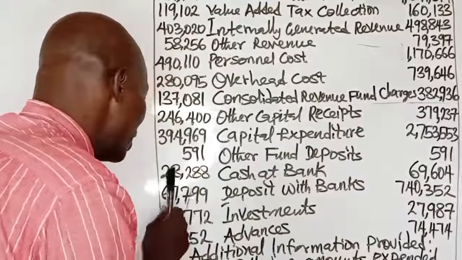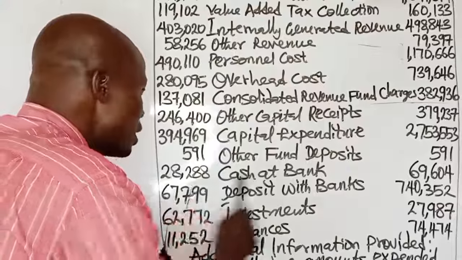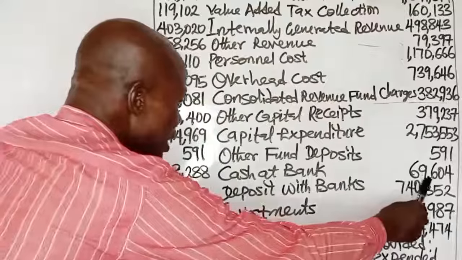Cash at bank, 2017, 28,288 and 69,604 for 2018. Deposit with banks, 67,799 and 740,352. Then we also have investments, 62,772 for 2017 and 27,987 for 2018. Advances, 11,252 for 2017 and 74,407 for 2018.